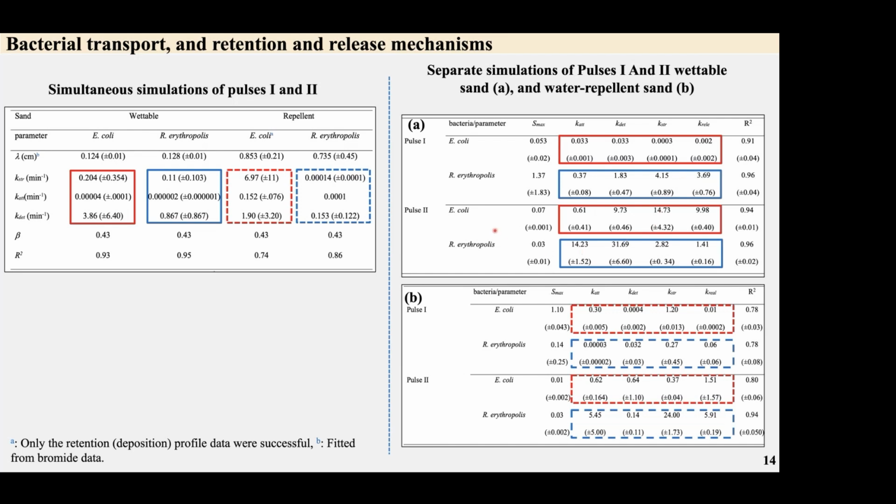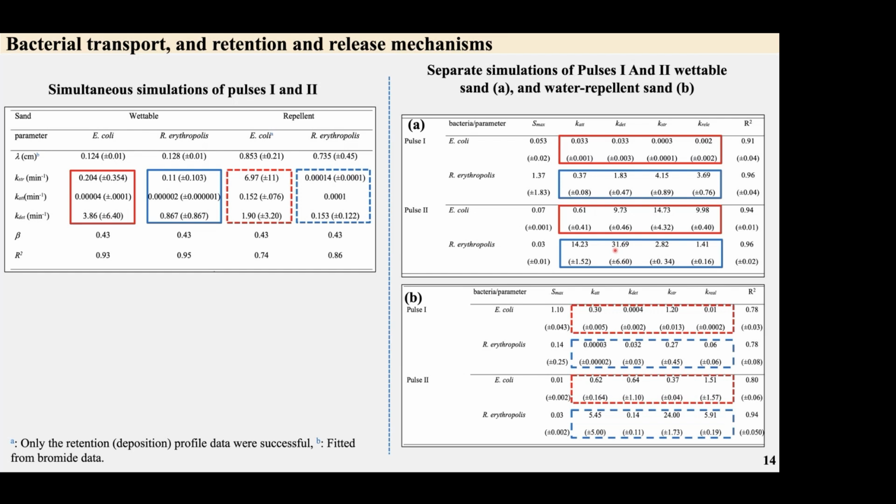But when the soil was wetted, or the water content increased in the columns, we see that the mechanisms flip between attachment and straining for the bacteria, so that E. coli was strained, but Rhodococcus attached to the particles. As we see here, detachment for Rhodococcus was really high, and that was reflected in our simulation.